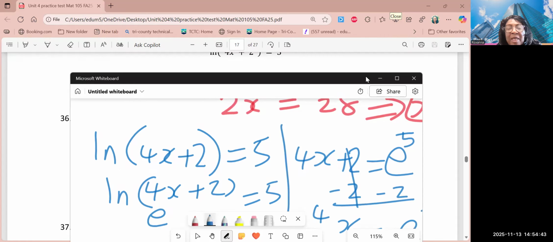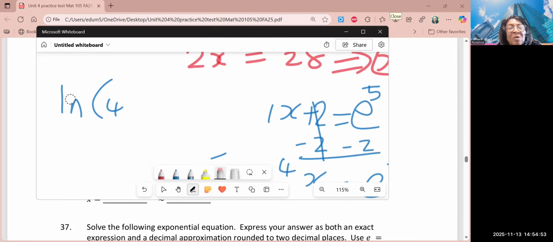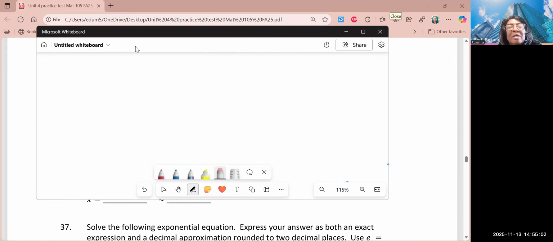So the next one is an exponential function to base e. We are told to solve an exponential equation to base e. First, copy the question.